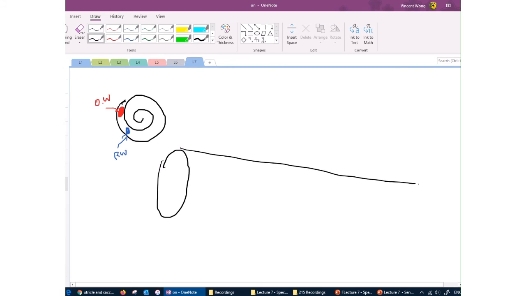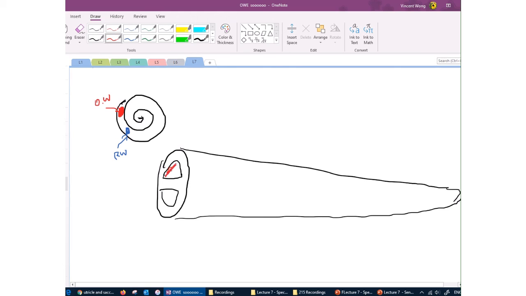So if I were to unroll this thing, it would look something like this. Okay, it's going to be unrolled like that. The tip here corresponds to the tip when it's all rolled up, and there are going to be three channels to it. There's one here, there's another one, and there's one in the middle. At the top here is where the oval window is, with the stapes pressing on it.